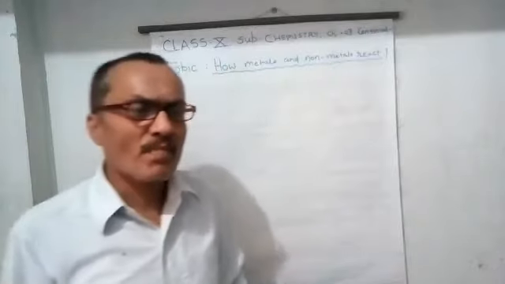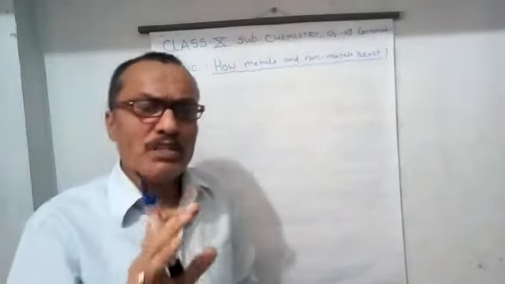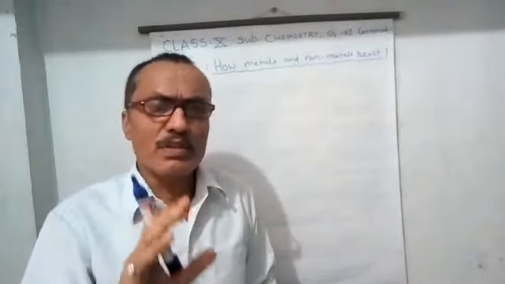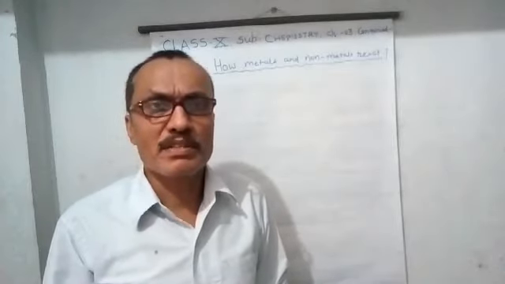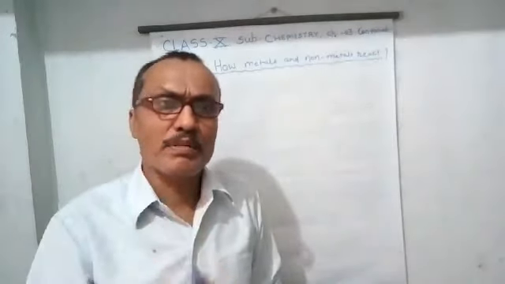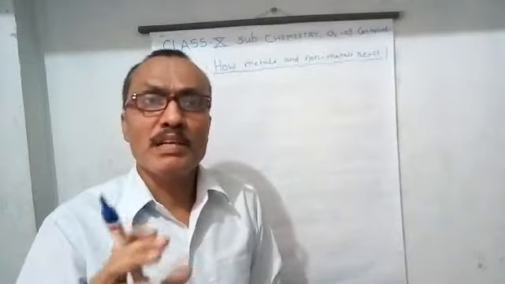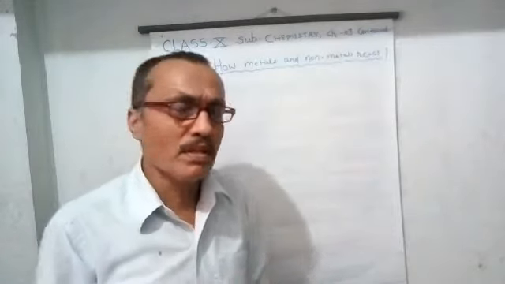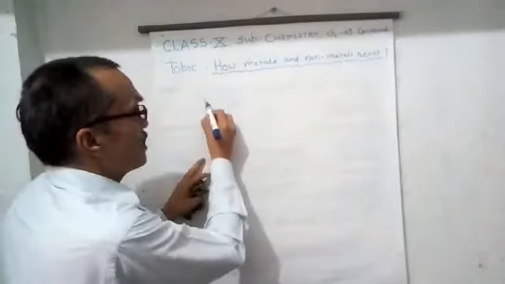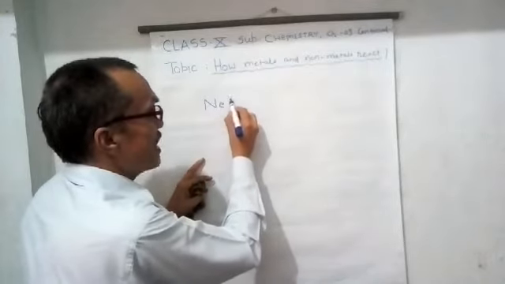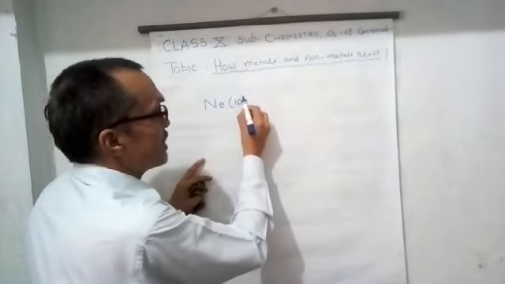Students, you are familiar with the electronic configuration of elements, and also with the noble gases. For example, neon is a noble gas and its atomic number is 10.